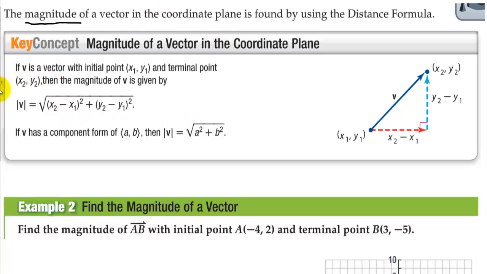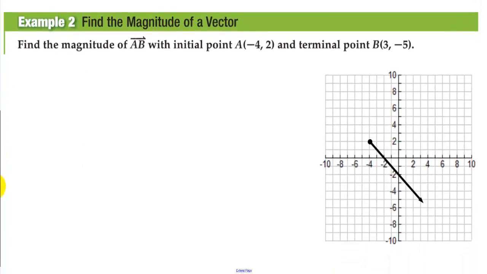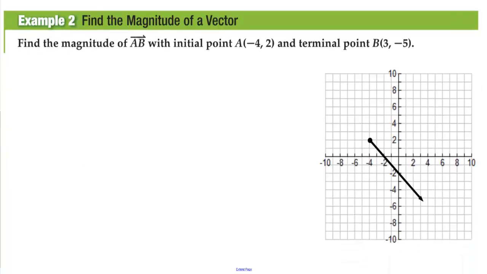And if we have a non-horizontal or non-vertical vector, we can always turn this into a right triangle. So here's our same vector that we worked out before. Really, we can just go 7 over and 7 down, and now we have this right triangle. So really the distance formula, or the magnitude of a vector, is just the Pythagorean theorem.